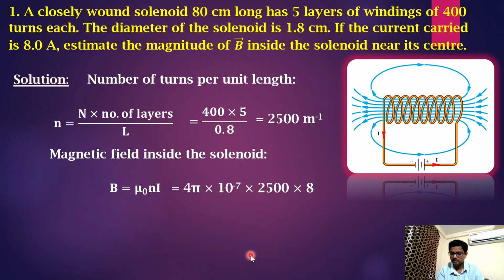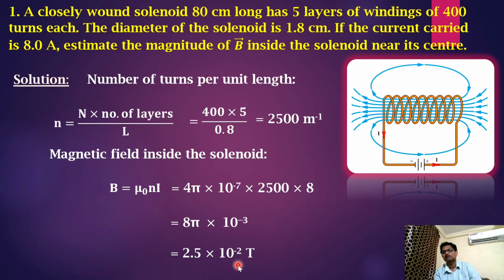If we simplify, we get 8 pi into 10 power minus 3, that is equal to 2.5 into 10 power minus 2 Tesla. So we got the magnitude of magnetic field inside the solenoid, 2.5 into 10 power minus 2 Tesla. Now we will go with the second question.